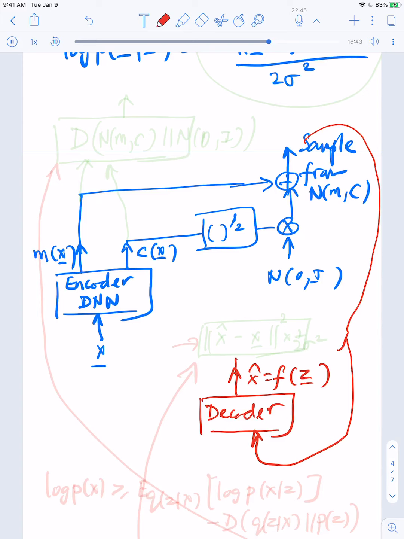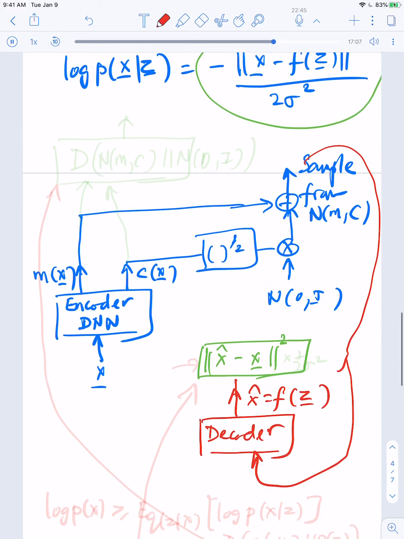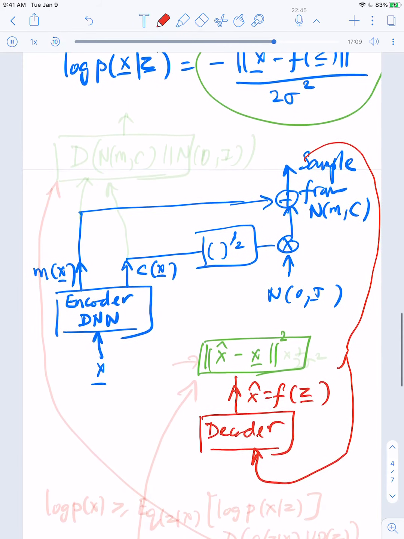Now, what are the cost functions? Well, one component of the cost function is how close this x hat, or f of z, is to the x in Euclidean norm. Remember, I had this term. So this is part of the cost function that I want to minimize.